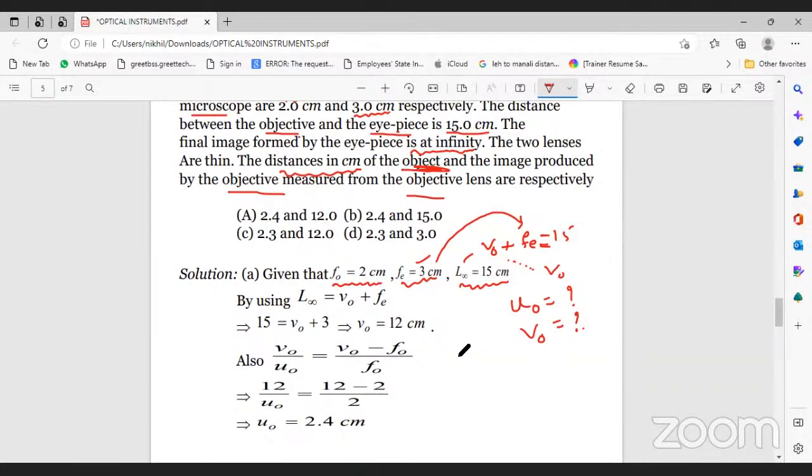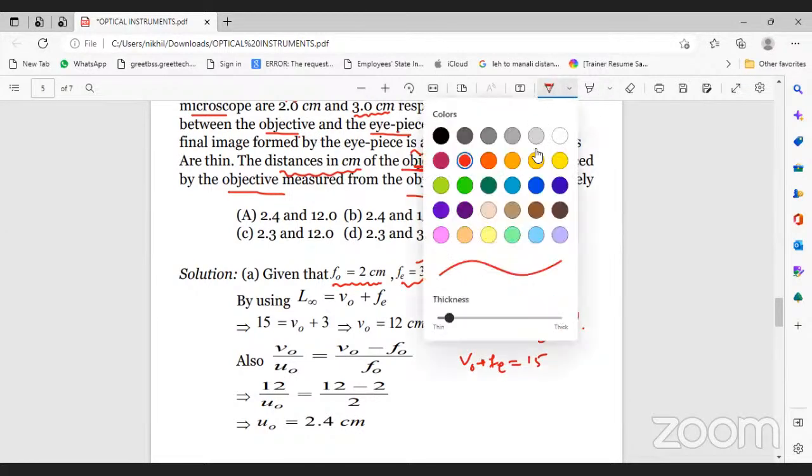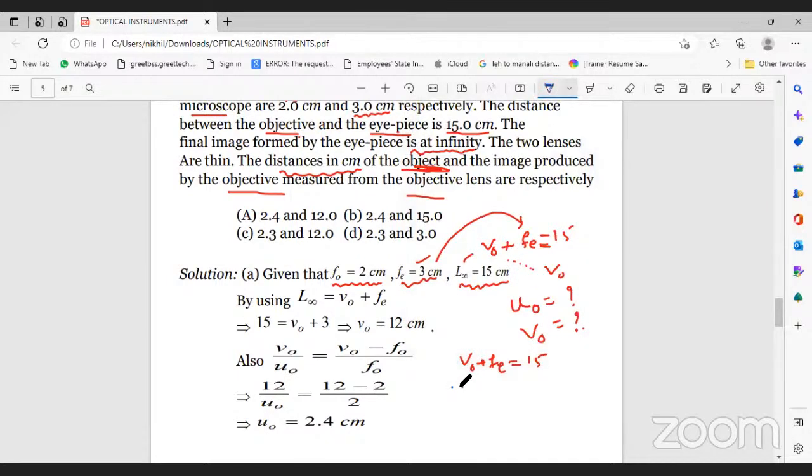So they have given V naught plus Fe is equal to 15. V naught value we don't know. Focal length of the eyepiece is given as 3, so V naught plus 3 is equal to 15.